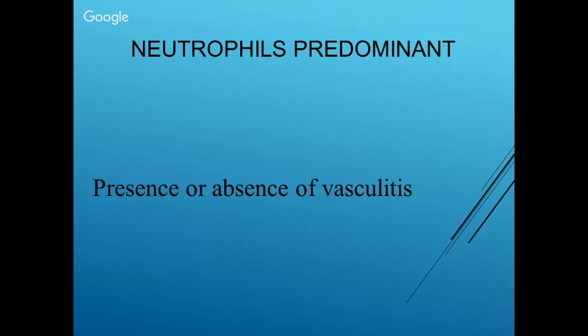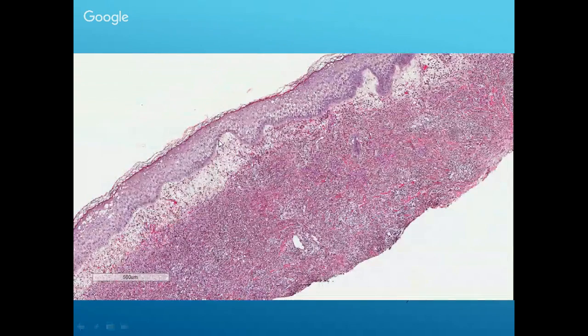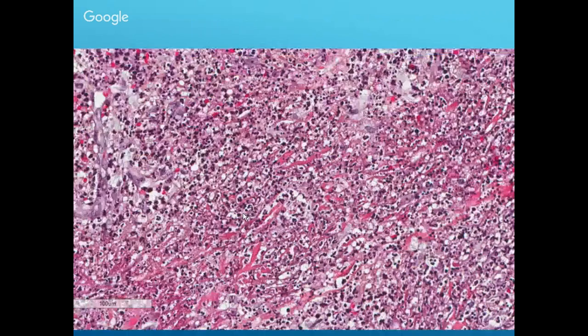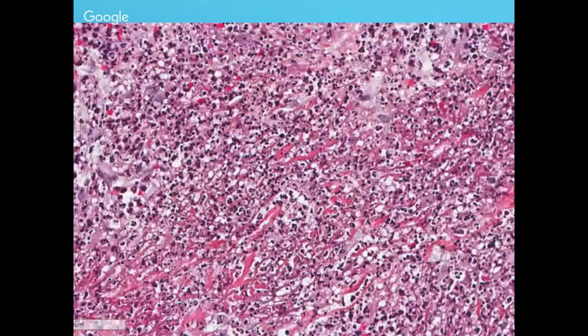If you don't see vasculitis, then this is like the prototypical lesion. So your perivascular inflammation in the dermis, quite intense, composed predominantly of neutrophils actually. So if you see a predominantly neutrophilic infiltrate, this is neutrophilic dermatosis. So your list of differential diagnosis again is going to become very, very small actually.